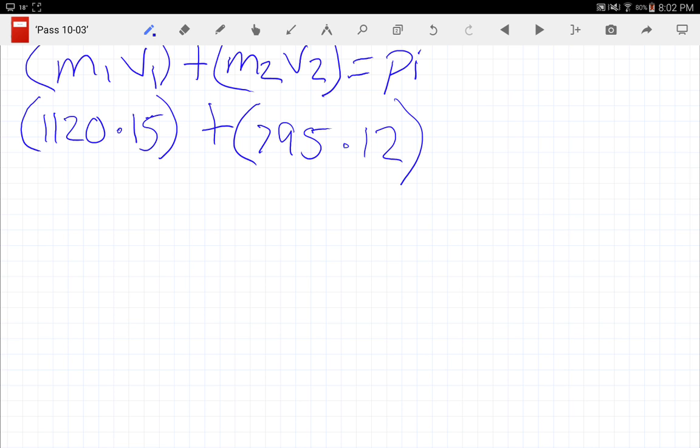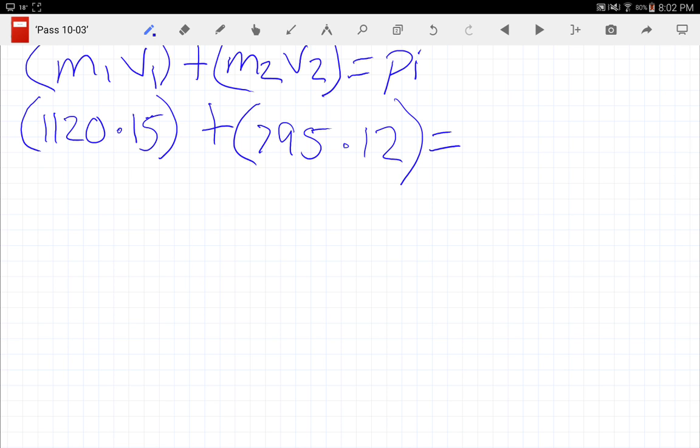So you've got your 1120 kilograms times 15 meters per second plus 795 kilograms times 12 meters per second. If someone wants to calculate that for me, make sure we get the same numbers. Do you have 16,800 for the first one and 9,540 for the second?